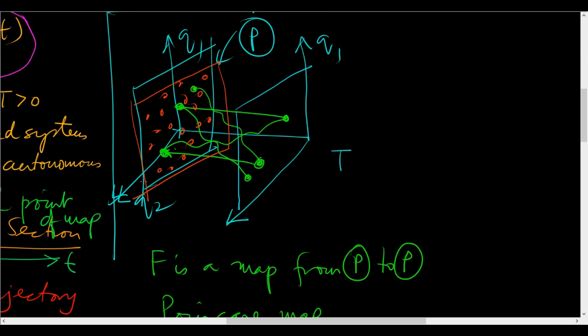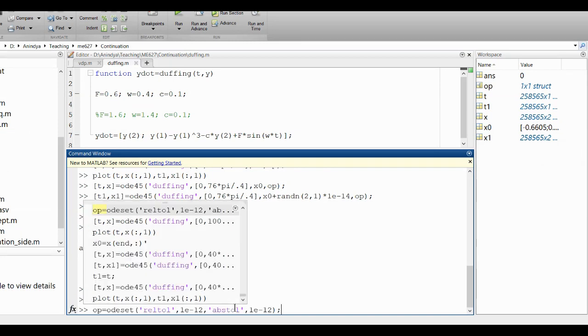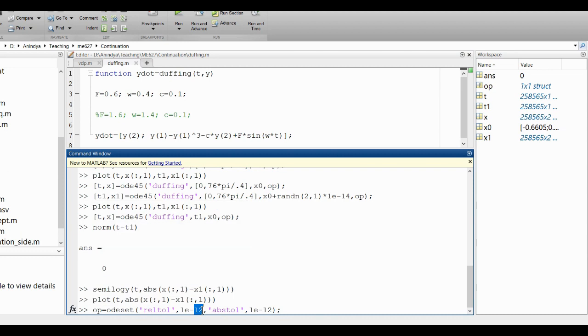Okay, so that's what I want to do now. This is something that takes a bit of time to do very accurately, and what I will do is loosen the tolerance a bit, but you can repeat it with a tighter tolerance and you will see that you get essentially very similar results.